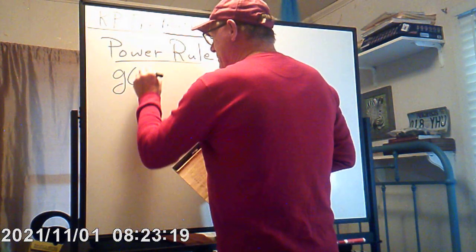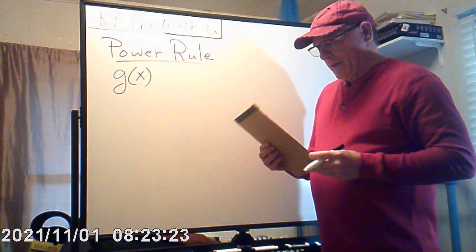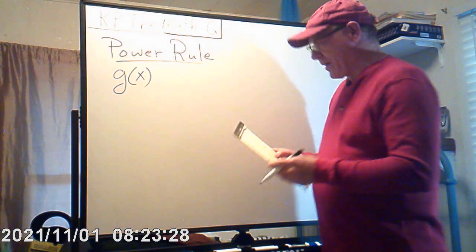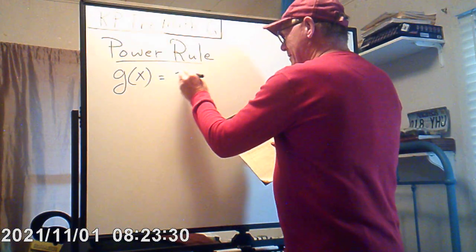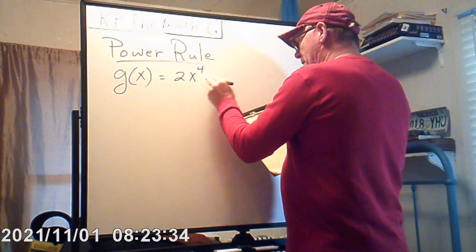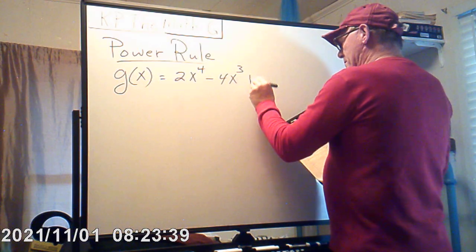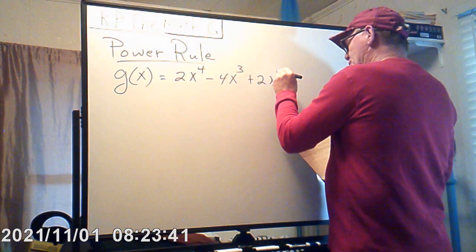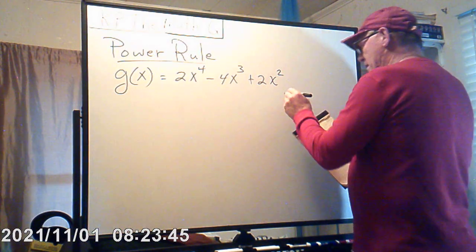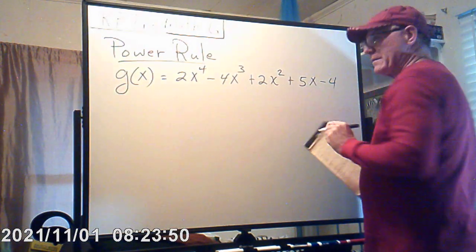I'm so f all the time. I want to do g this time. g at x. Let's try this one. It's going to be 2x to the fourth minus 4x to the third plus 2x squared plus 5x minus 4.